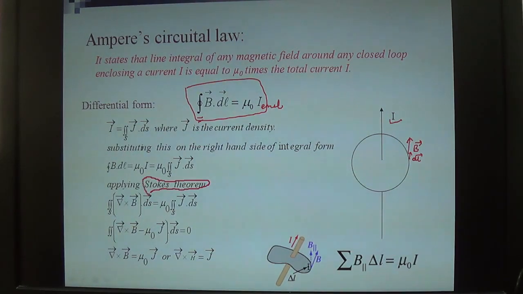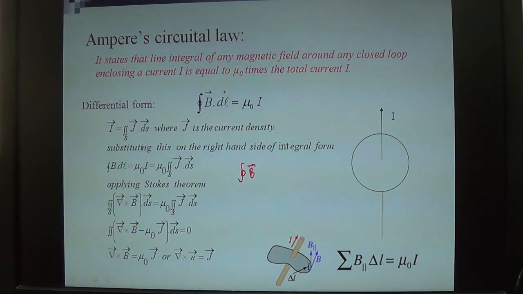In Stokes theorem, the left hand side is the closed path integral of a vector, suppose B, so closed path integral of B dot dl is equal to the open surface integral of the curl of the field, del cross B dot ds.